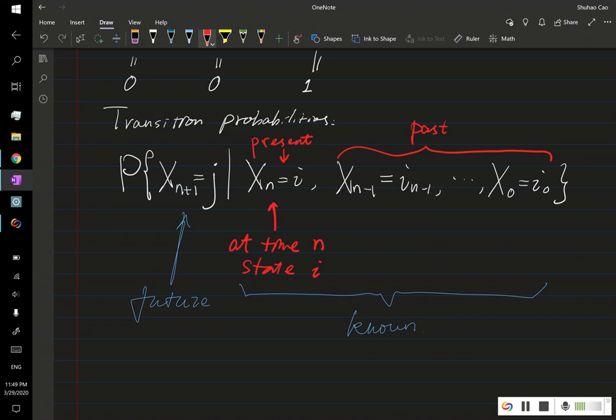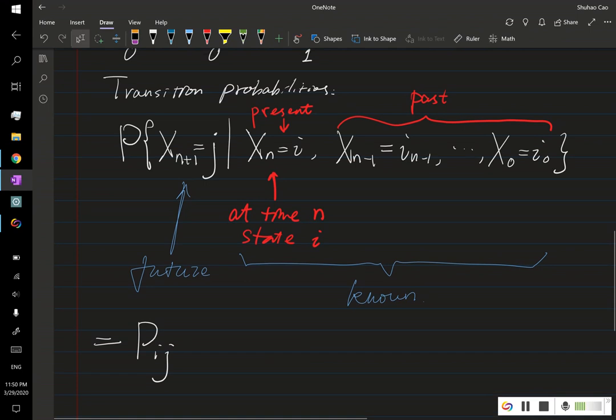So this is our transition probability, and it equals P_ij. Which means this transition probability only depends on the present state, the current state, which is X sub n.